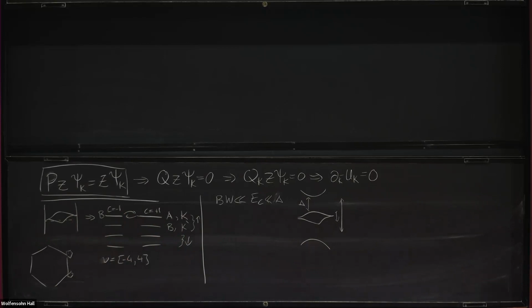So with this hierarchy of scales, I can write some Hamiltonian that only lives in these flat bands. And this would have two terms. The first one would be some kinetic term.